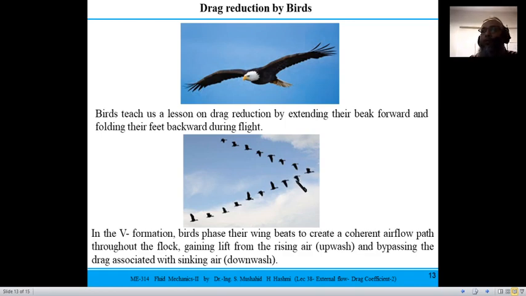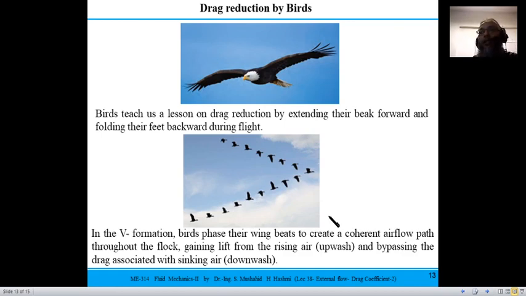So once they are doing this V formation and using that drafting, their body doesn't lose heat that quickly. So that also affects the fluid flow as well as the heat transfer, and that is present in nature.